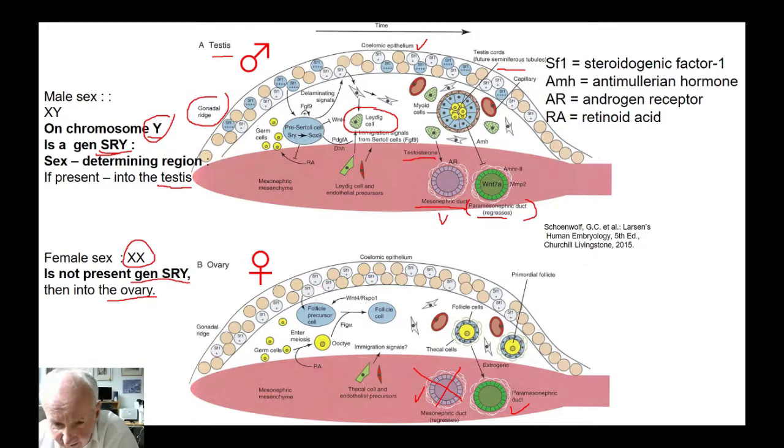Opposite here, the oogonia, germ cells, will be surrounded by follicular cells, forming the first primordial follicles, with the oocyte in the center and flat follicular cells in one layer around this oocyte, and we will have primordial follicles.